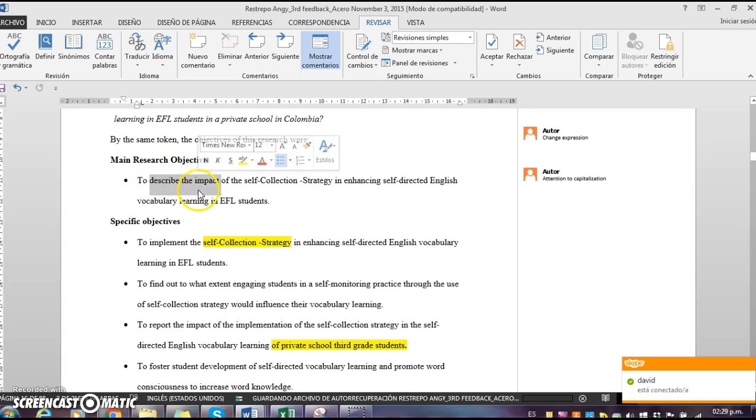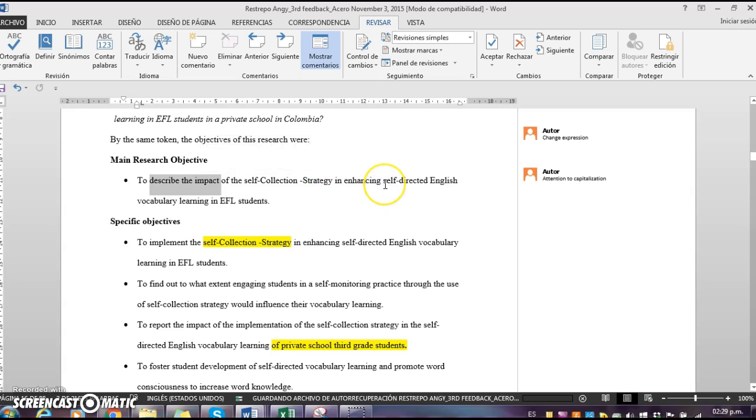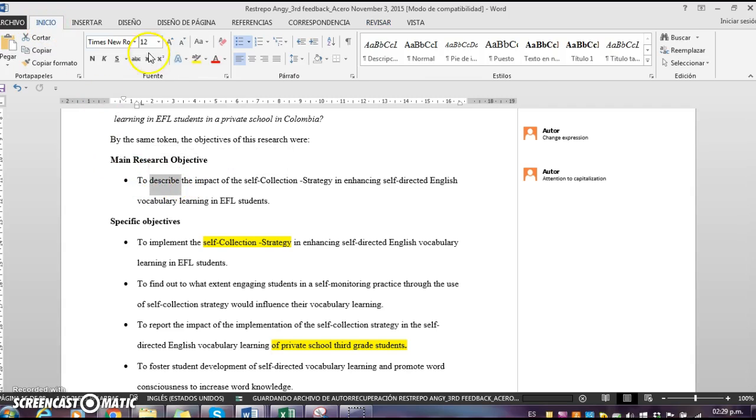You want to describe the impact in enhancing self-directed vocabulary learning. Be aware that there are important keywords here, like description. So you want to describe, you want to show the strategy, you want to show how self-directed English is fostered, how the vocabulary learning is improved.